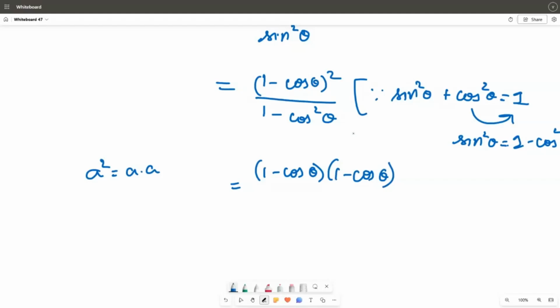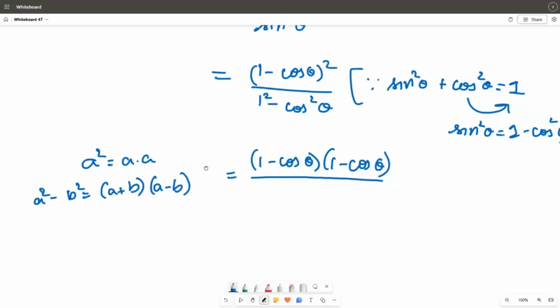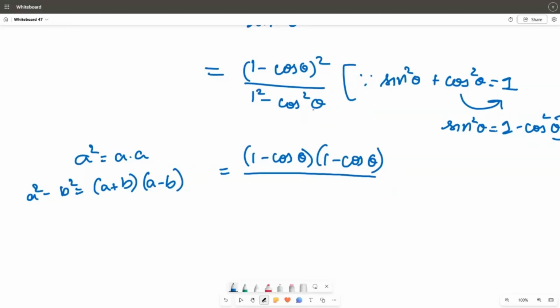And if we observe the denominator, I can write this 1 as 1 square, and 1 square minus cos square theta looks like a square minus b square, and we know a square minus b square equals a plus b into a minus b. Therefore, 1 square minus cos square theta can be written as 1 plus cos theta into 1 minus cos theta.